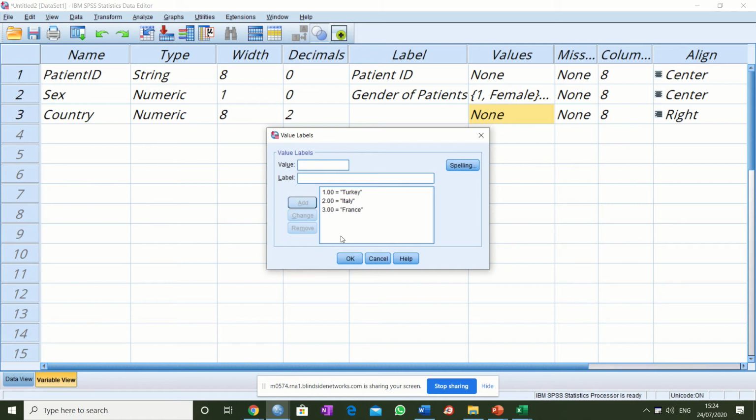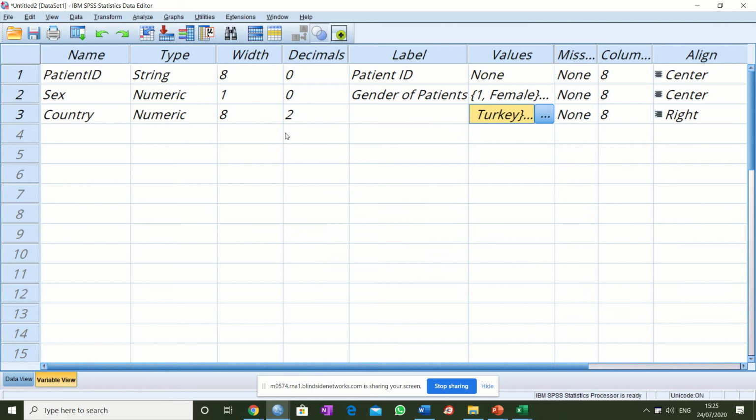It's not important which one is which. Maybe I can say 1 France, 2 Italy, and 3 Turkey. It's okay. So I write countries here. Home country. Maybe they are living now in a different place, but these are their home country.